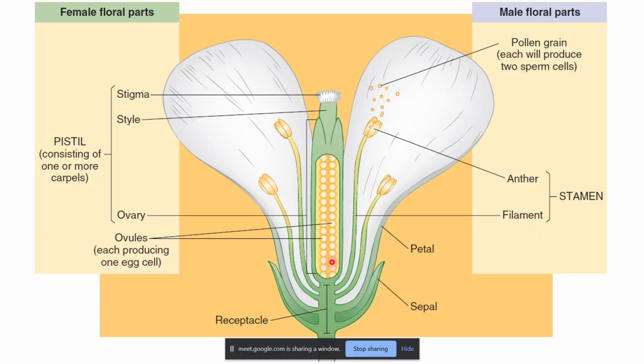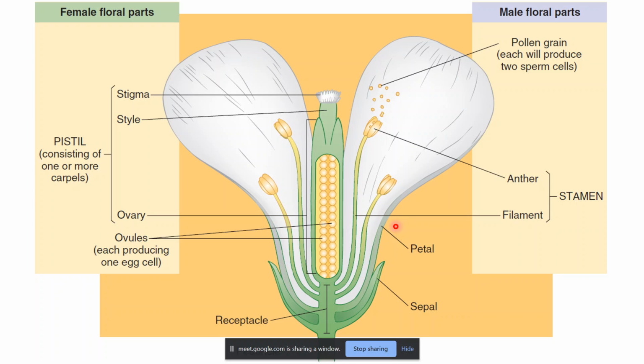The flower usually consists of four parts: sepals, petals, carpels, and stamen. Some of them may lack petals or sepals.